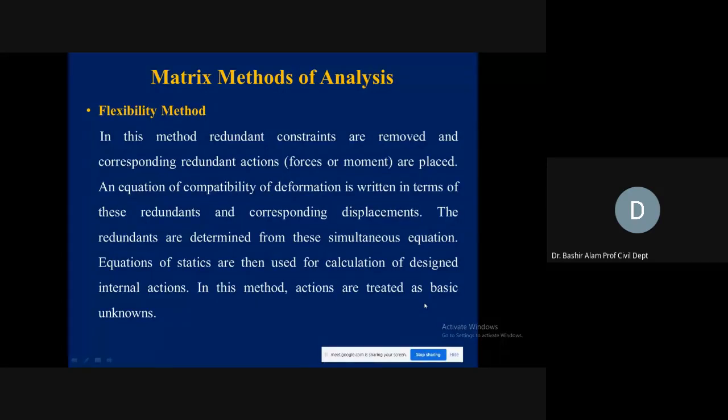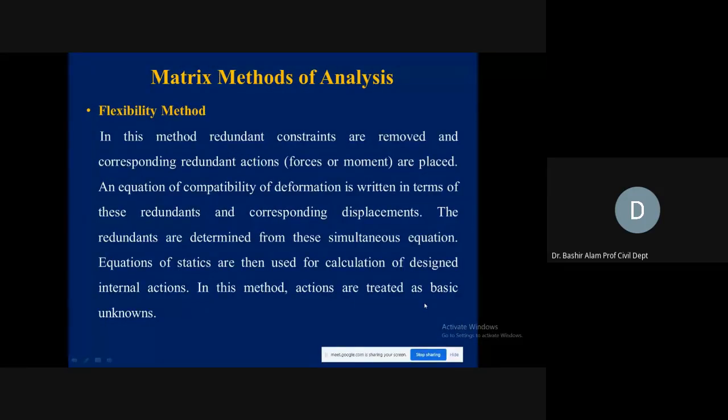As a standard procedure, we apply a unit load and find out how much is the flexibility coefficient. When we multiply this by the actual load, which is needed to bring it back to its position, that is our actual load. But now we need to find it from these compatibility equations, simultaneous equations.